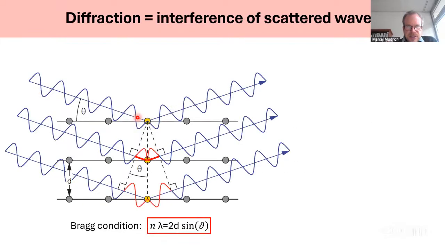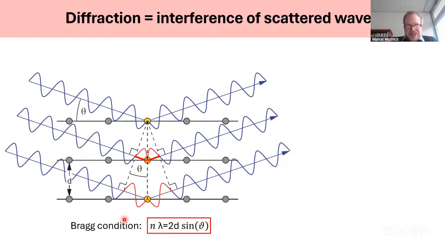So just to recall the Bragg condition, I think you all know the condition for constructive interference of partial beams that are diffracted off these lattice planes.